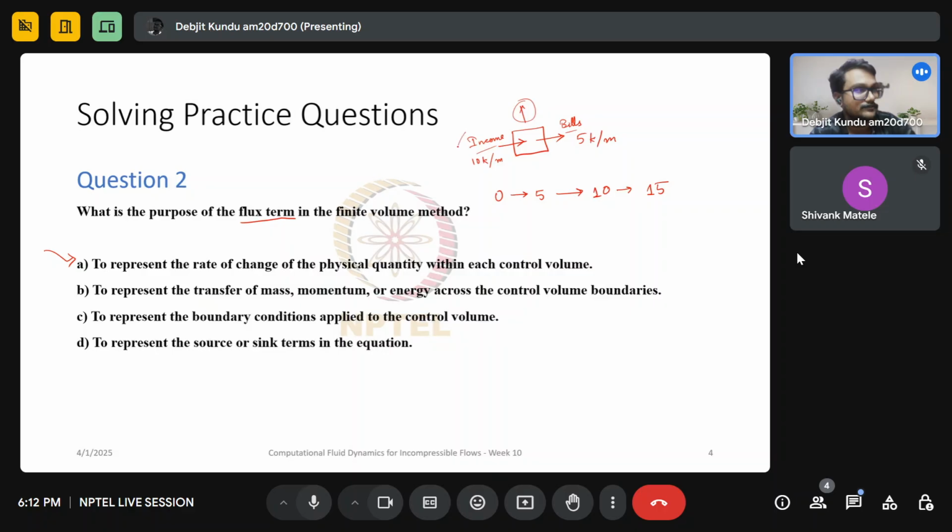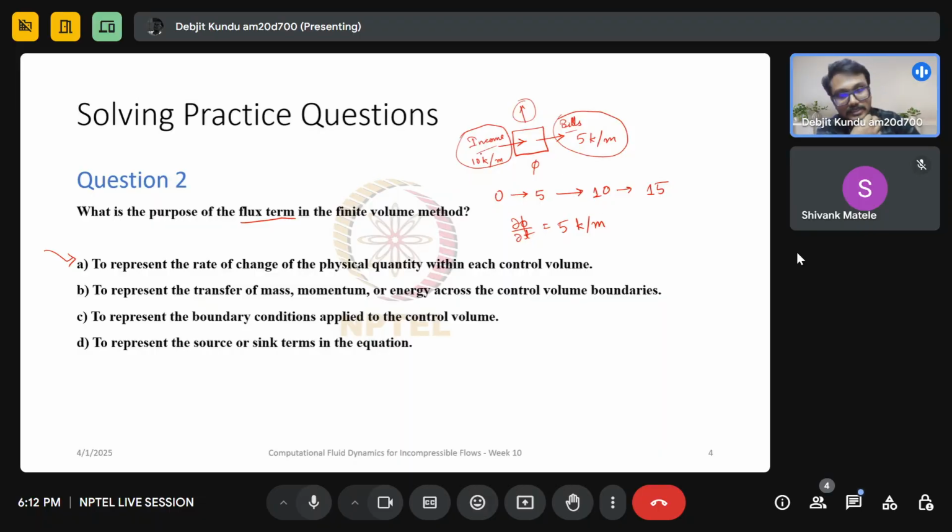And your transfers, the incomes and the bills per unit time, remain constant. But the physical quantity stored inside is increasing with time. So if I call your bank balance phi, then your d phi by dt is basically 5K per month.